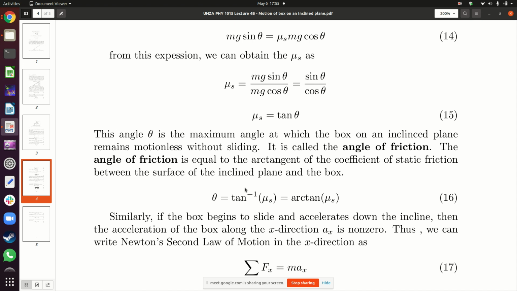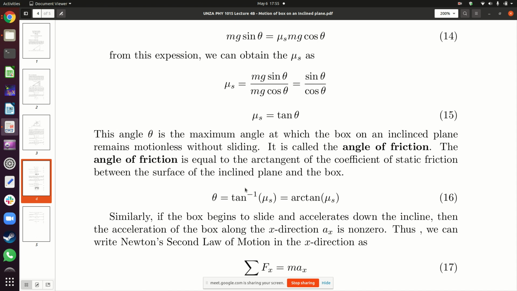So if your pulling force is equal to the friction force, you know the force with which you are pulling, so that part is known. This pulling force is equal to the friction which the mass has when it is moving at constant velocity, when it's in motion. So this friction is the kinetic friction force.